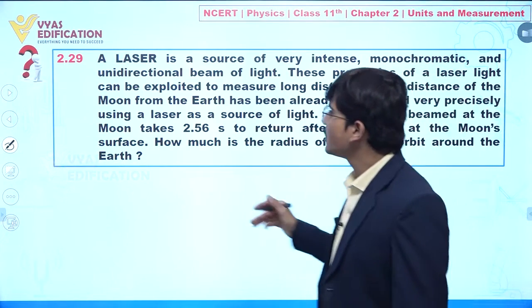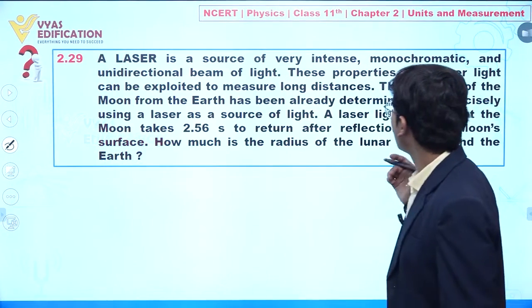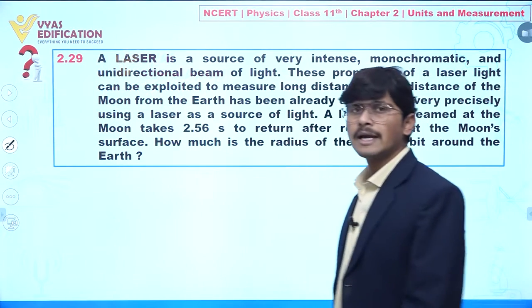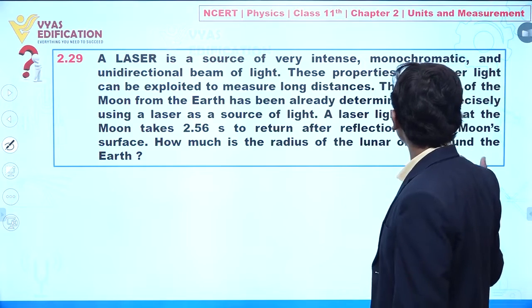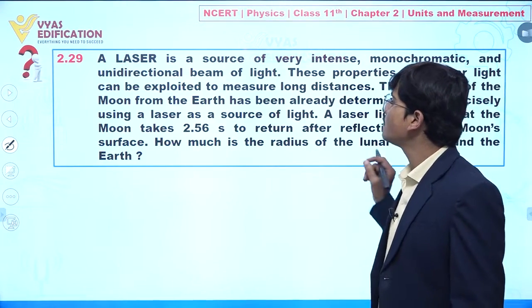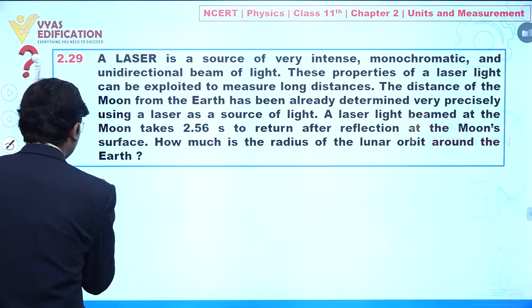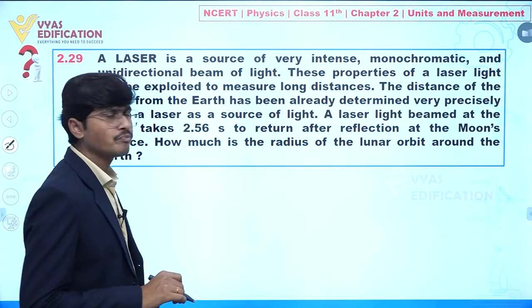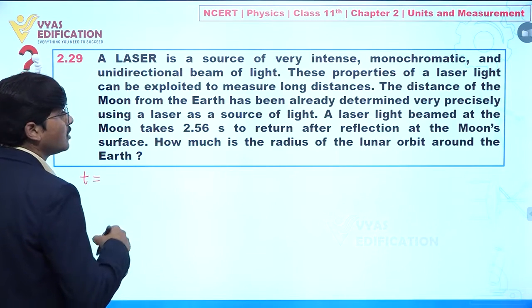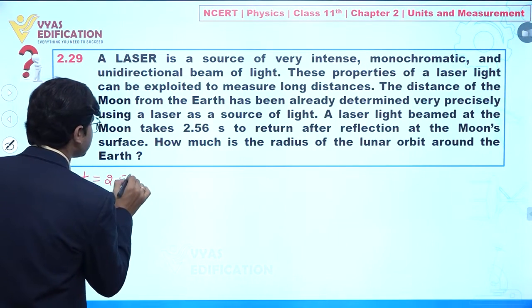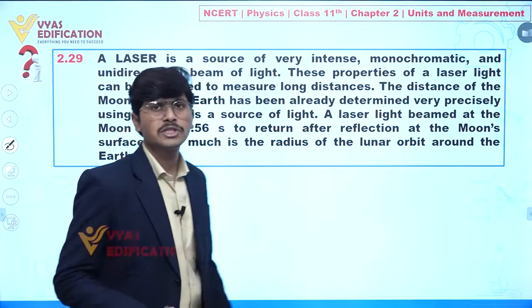The distance of the moon from earth has already been determined very precisely using a laser as a source of light. A laser light beamed at the moon takes 2.56 seconds to return after reflection at the moon surface. So I can write here the total time taken by this light to reach back to the initial position is 2.56 seconds.